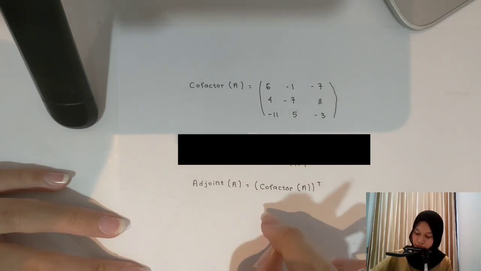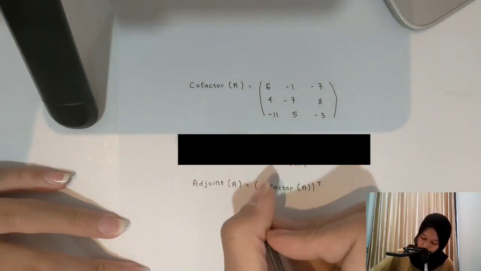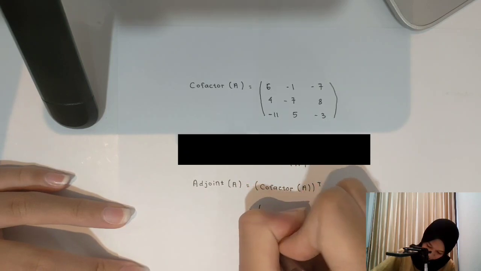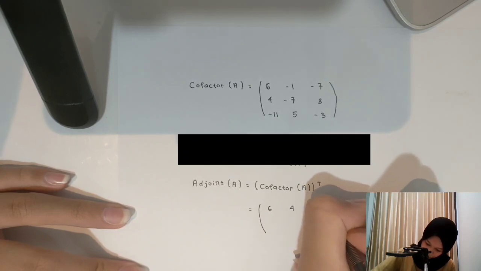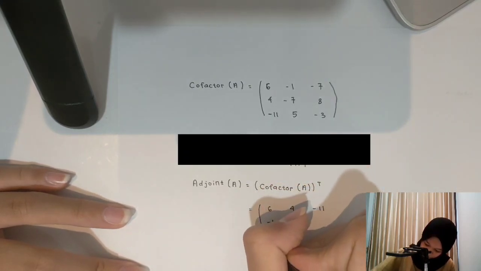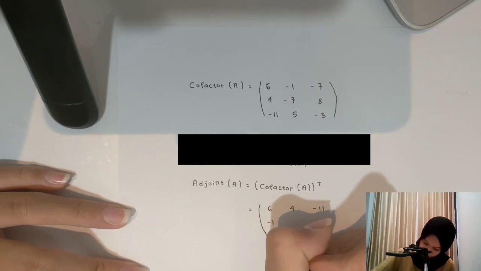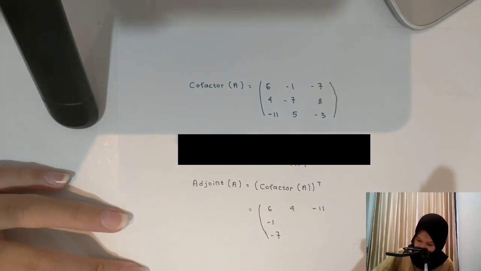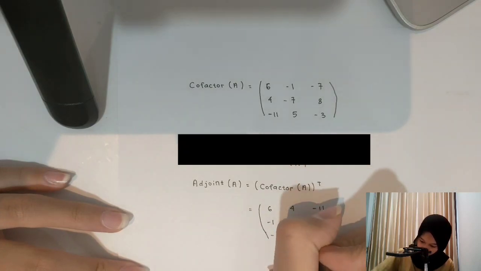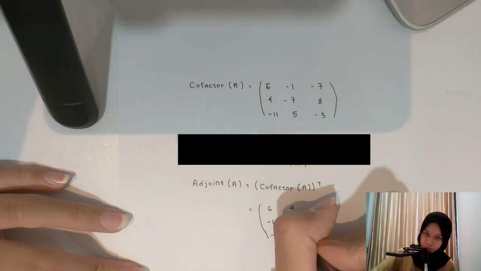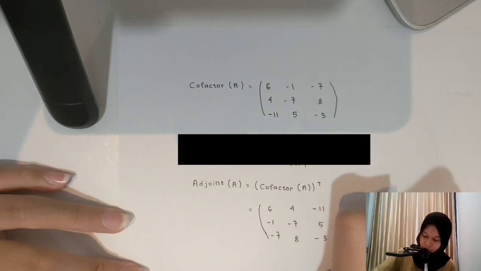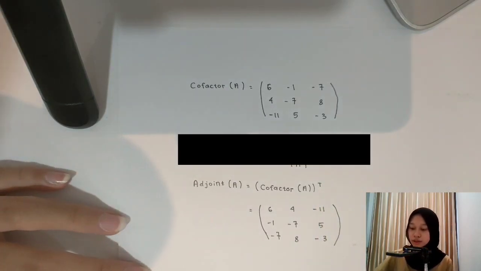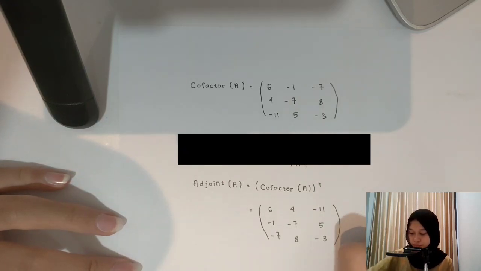Transpose means you change the rows into columns and the columns into rows. So it will be 6 stays here, 4, minus 11, minus 1, minus 7, and then 5, minus 7, 8, and minus 3. So this is the adjoint matrix of A.